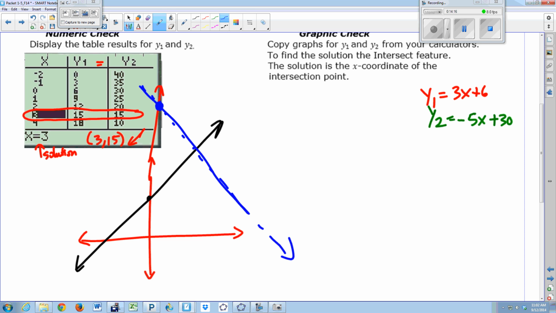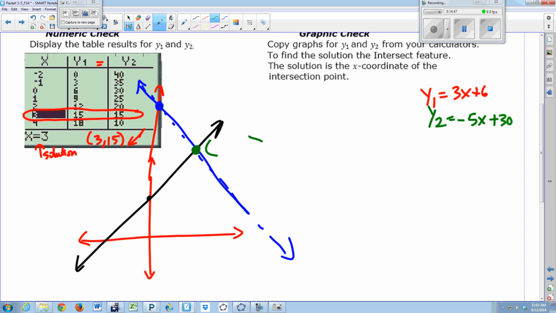All right. So when I'm looking at something like that, where is the solution to y1 equaling y2? Where do I find the solution? Where they cross. Because where they cross, that point, whatever it is, lies on both lines, so they both have the same x value, and their y values are equal.